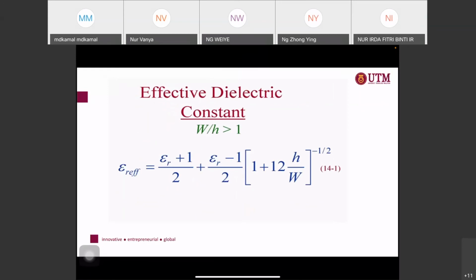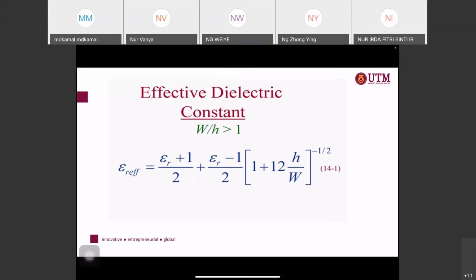How do you determine the effective dielectric constant? The values for the effective dielectric constant are very similar to the microstrip case as well. You can find it based on this when W over H is greater than 1, so you can use this equation to determine the effective dielectric constant.